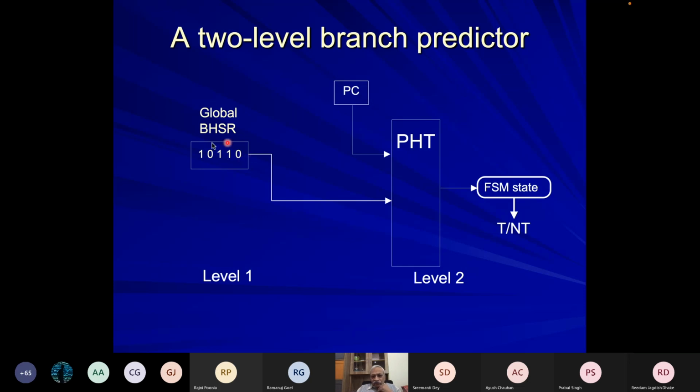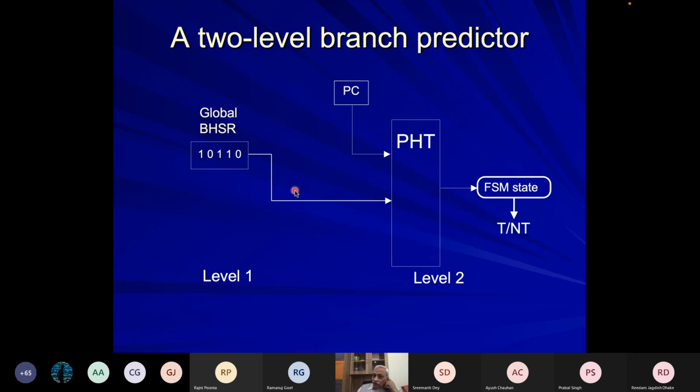Now, given this pattern, we index into this, and this tells us a state of a 2-bit FSM or a 4-state FSM. We use that to make a prediction that the branch will be taken or not taken, and then eventually when we know the actual result, we'll update that machine and also update this.